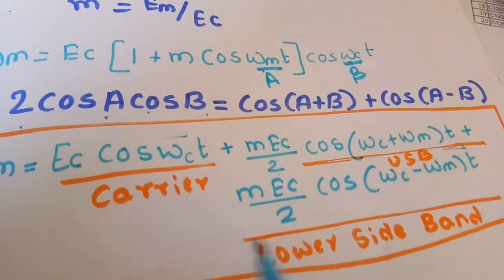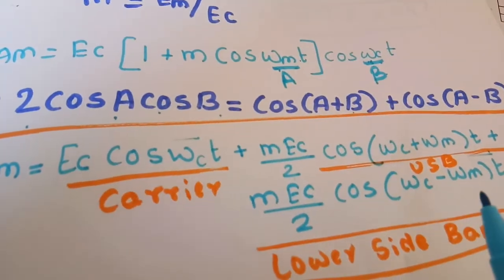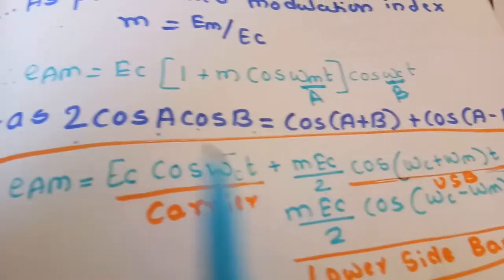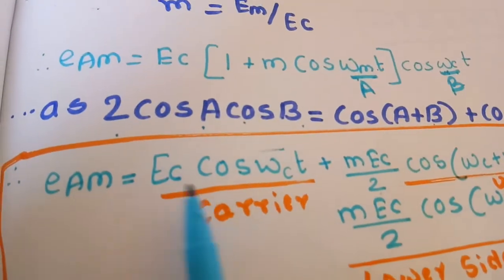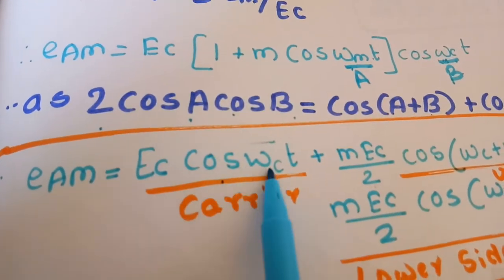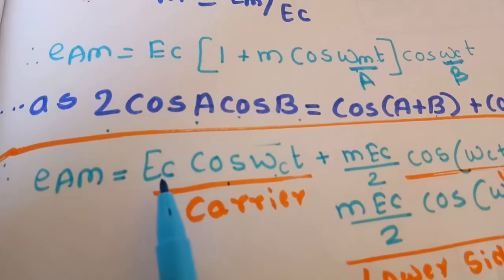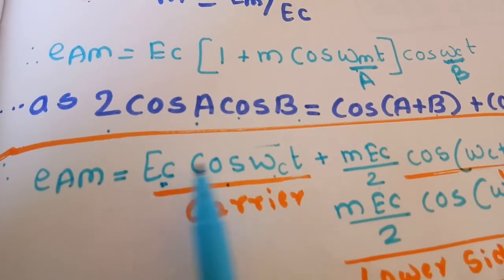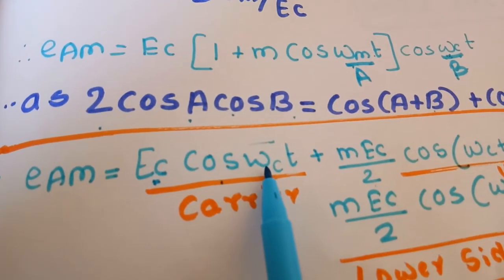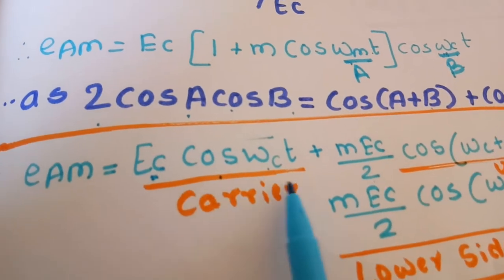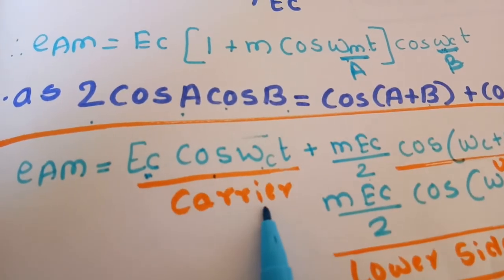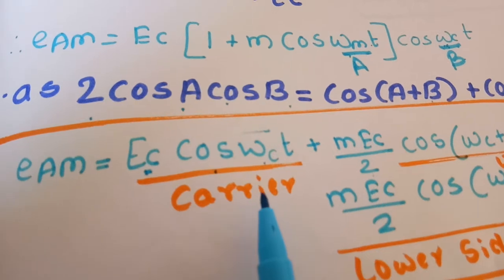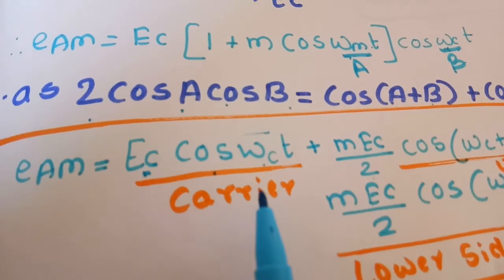Now we will find out what the components in the equation are. The first component is EC cos omega ct. EC is the peak value of the carrier signal and omega c is equal to 2 pi fc. This whole component is the carrier wave used in amplitude modulation.